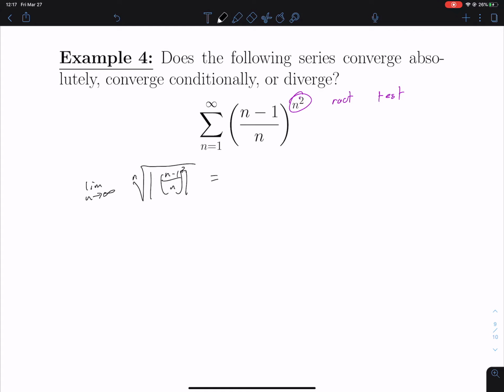Again, the absolute value bars don't matter because nothing is changing signs, everything's positive. So let's go ahead and pull that root in. This will be n minus 1 over n to the n squared over n. N squared over n is n.